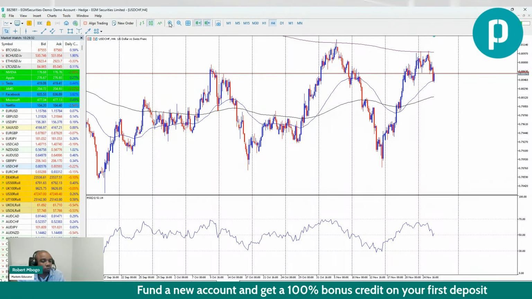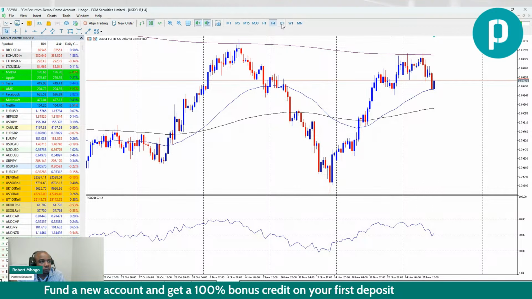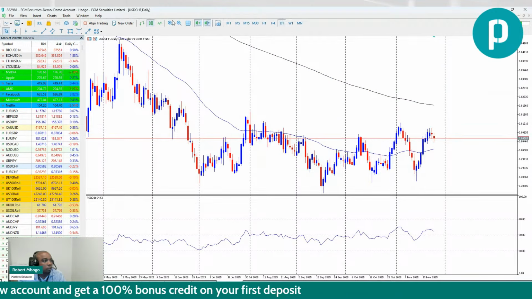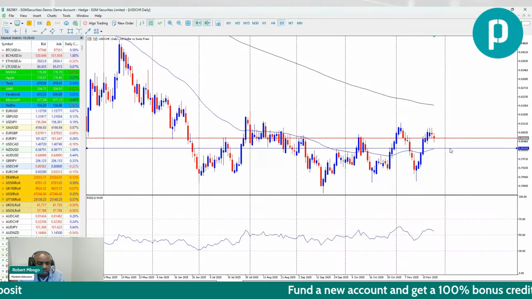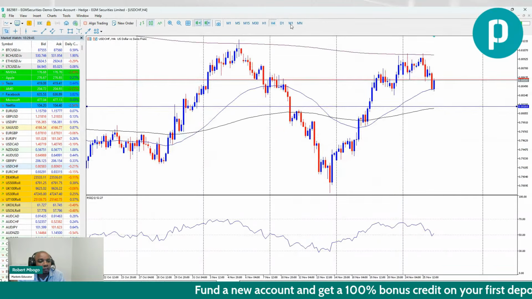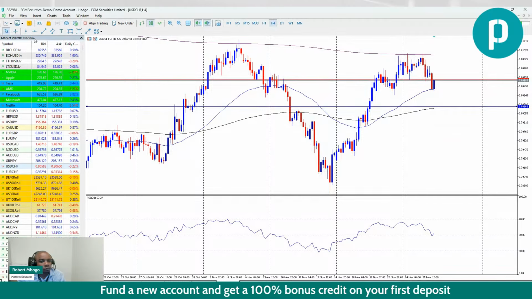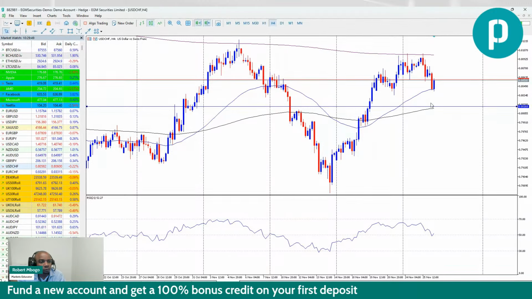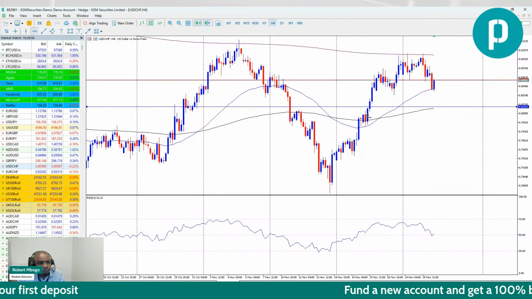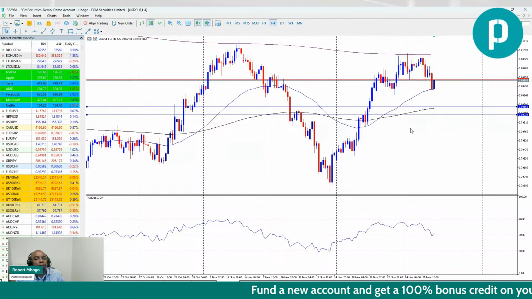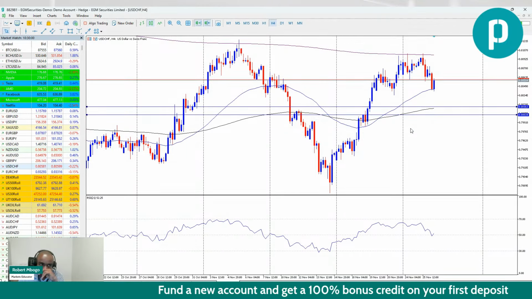So if I were to map USD/CHF, I'll probably want to see a move to that low on the daily. There's even an order block here, this one, that could act as support.